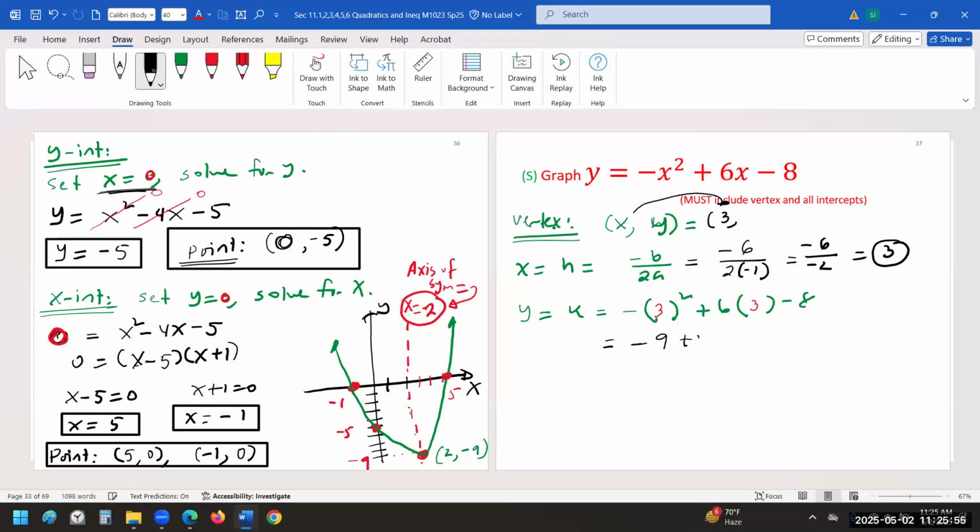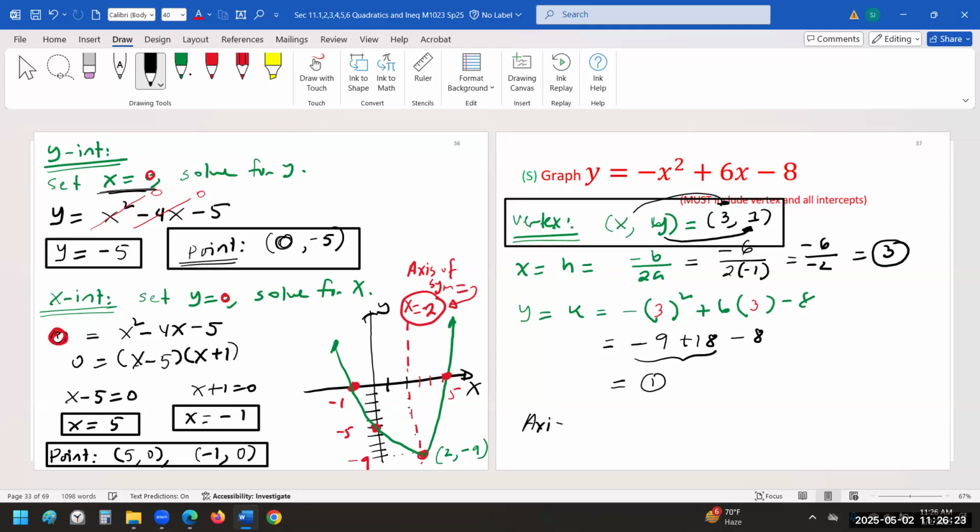We have 18 here and -8 here. Now 18 minus 9 is 9. 9 minus 8 is 1. So we have our y value 1. So the y value in the vertex is 1. That's how we get the vertex.